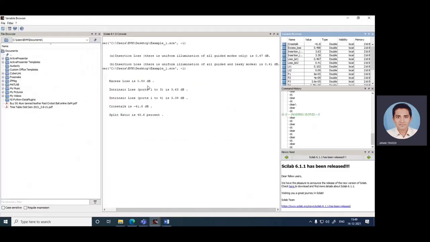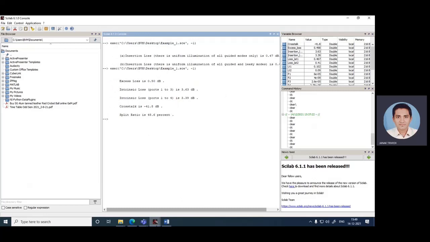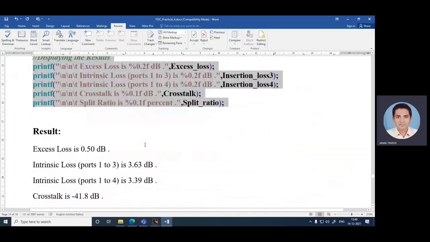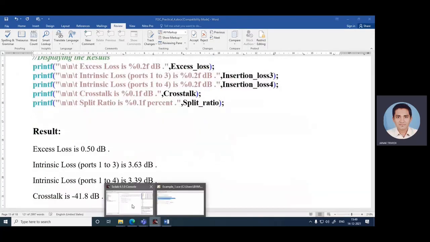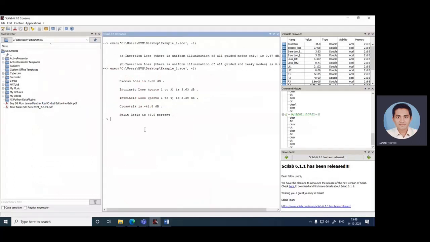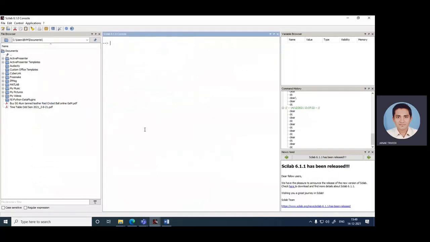Okay, so excess loss is 0.5 dB, insertion loss from port 1 to 3 is 3.60 dB, insertion loss from port 1 to 4 is 3.39 dB, crosstalk is minus 41.8 dB, and split ratio is 48.6. The same results are displayed in the variable browser, and they are also written in this particular document. So we have now cleared the variable browser to solve the next example.